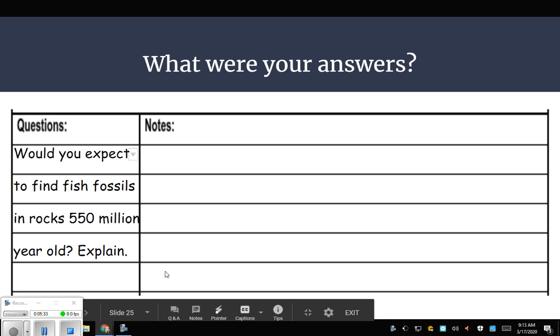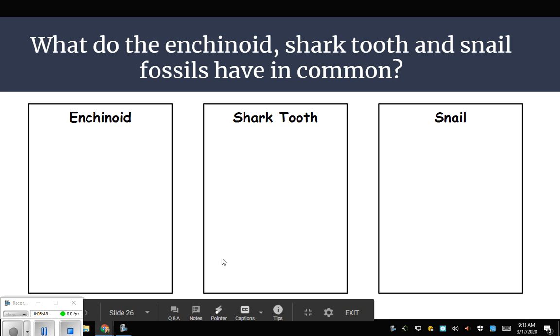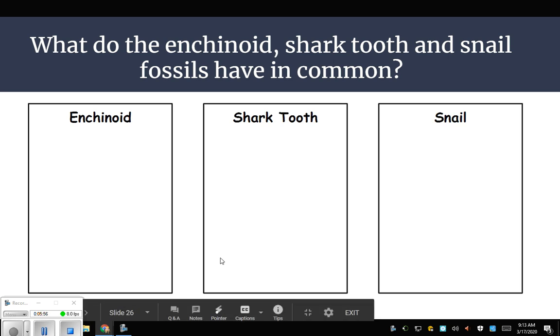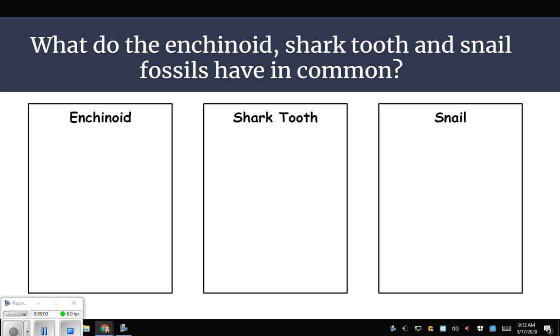All right, so discussing our fossil records. We talked a little bit about some fossils, and we looked at some fossils yesterday. So we're going to talk about an echinoid, a shark tooth, and a snail fossil and what they have in common. In your worksheets, you should be able to answer these questions and give me very specific details of what they have in common.